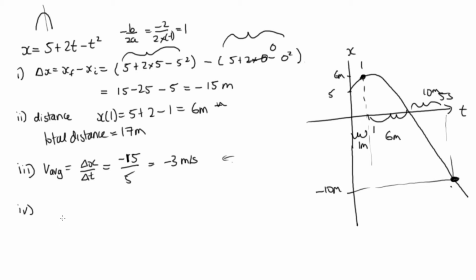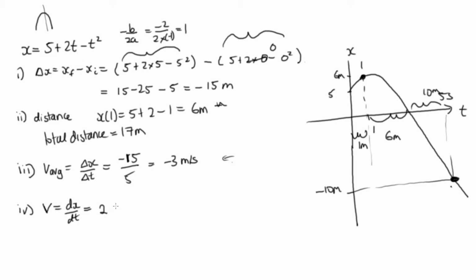And then part 4 asks us, what is the instantaneous velocity of the particle at t equals 0 and t equals 5? Okay, so the instantaneous velocity v is equal to dx dt. So we're going to have to differentiate our expression for x here. When we differentiate 5, we get 0. When we differentiate 2t, we get 2.